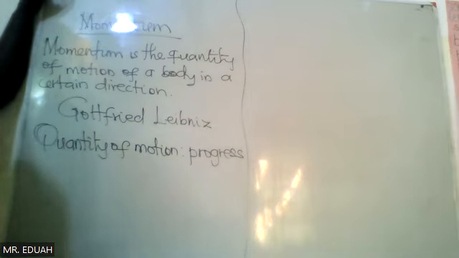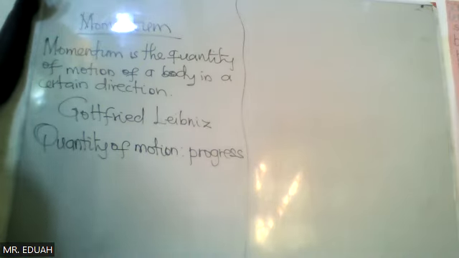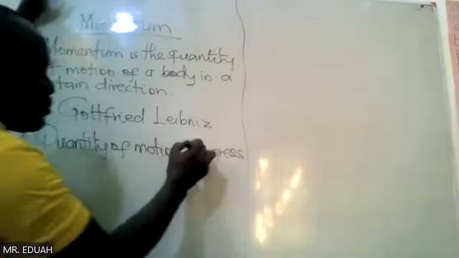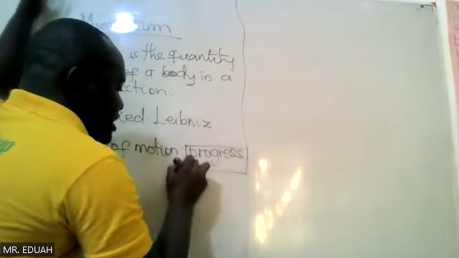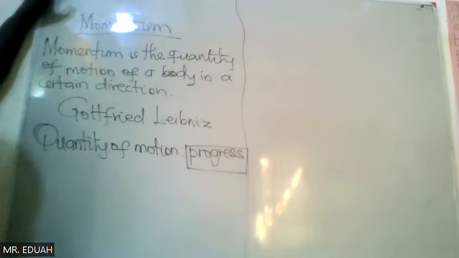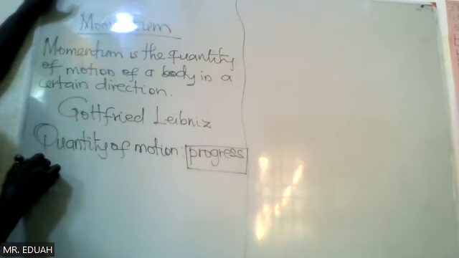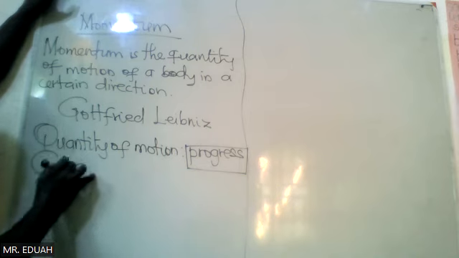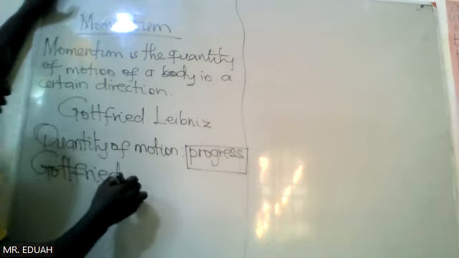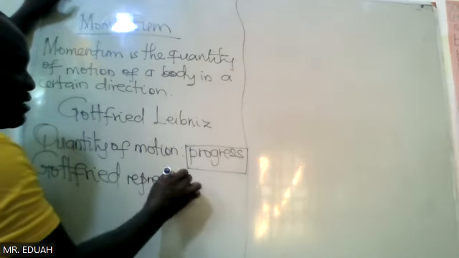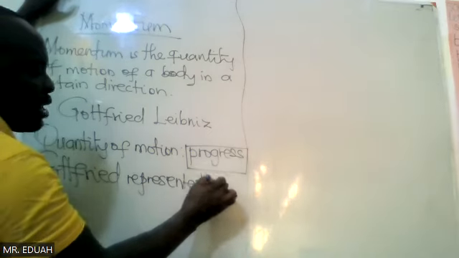So for him, when he talks about the quantity of motion, he termed it as progress, the progress of a body. For this reason, Gottfried represented momentum by the letter small p.